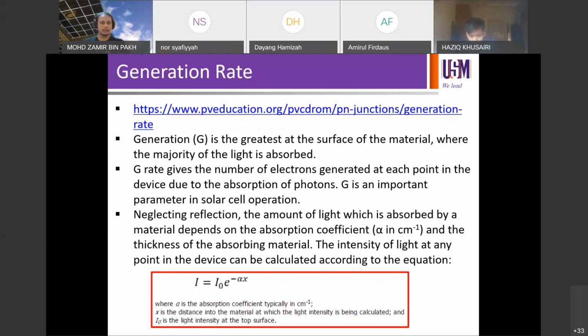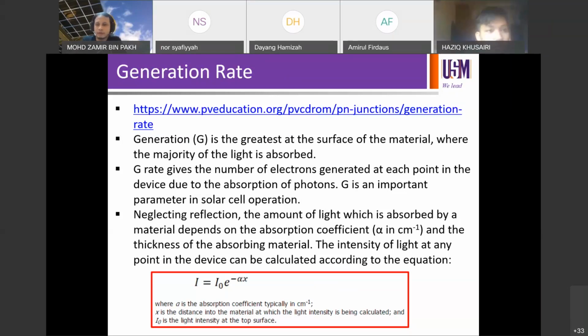Okay, generation rate. Generation G, which you have learned before briefly, is the greatest at the surface of the material where the majority of the light is absorbed. When we talk about generation, we are talking about generation of electron hole pairs. Remember last time when we talked about three cases of photon energy versus band gap?